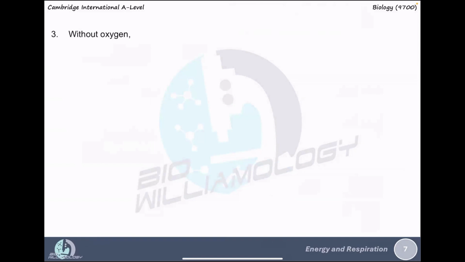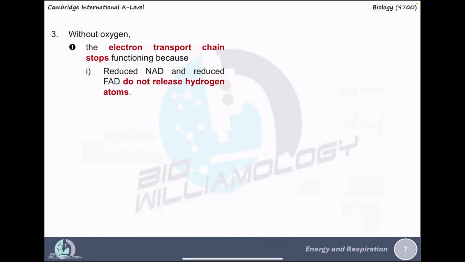So what will happen if oxygen is absent? First of all, without oxygen, the electron transport chain stops functioning. This is because without oxygen to act as a final electron acceptor, reduced NAD and reduced FAD will not release hydrogen atoms. Okay, because we know that redox reactions always happen together. Because oxygen is absent, without oxygen to act as a final electron acceptor, reduced NAD and reduced FAD are not going to release hydrogen atoms.